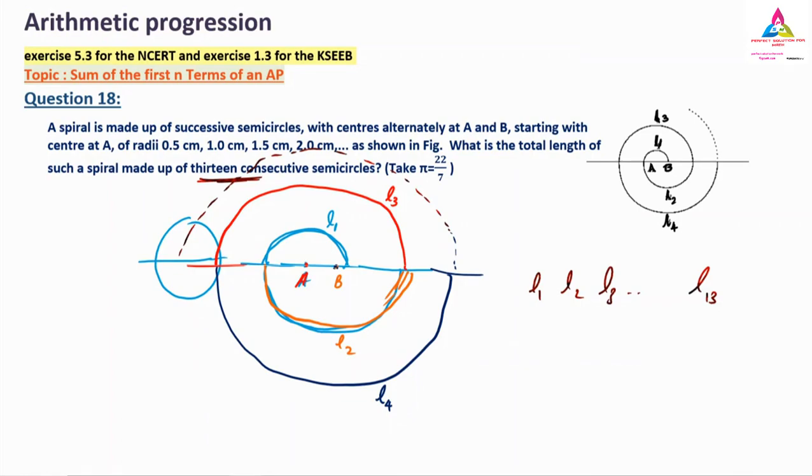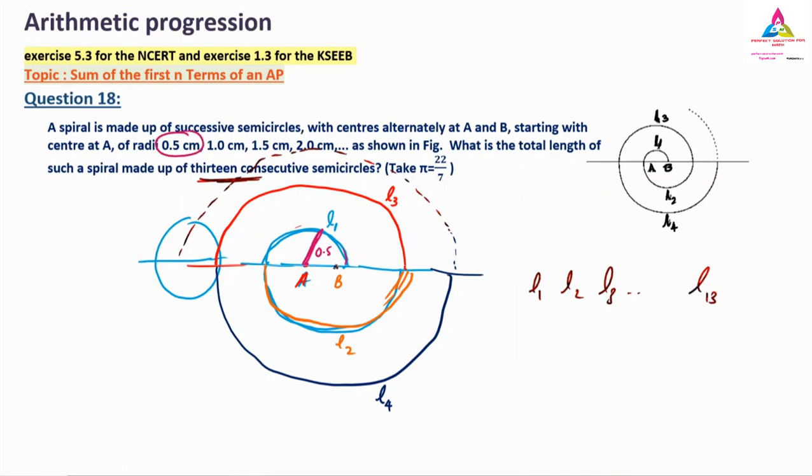Very importantly, they have mentioned clearly the radius of the first semicircle. With A as the center, the radius of the first semicircle is 0.5 centimeter.